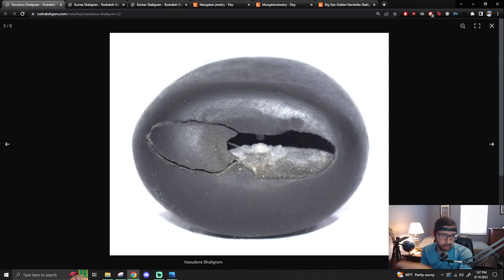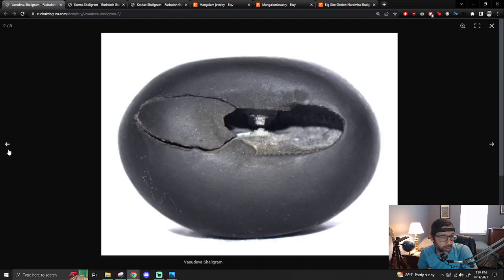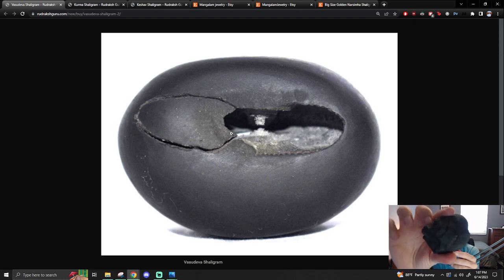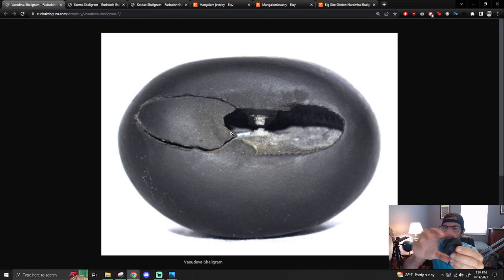Definitely not perfectly etched either. It's kind of just derpy looking. Also, this is not really centered. Interesting. It kind of reminds me, I guess hold it this way.